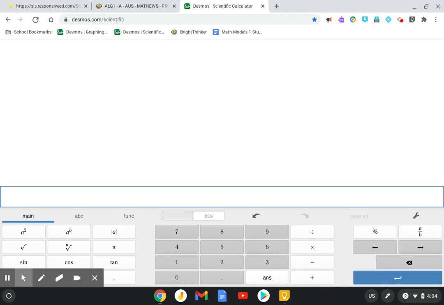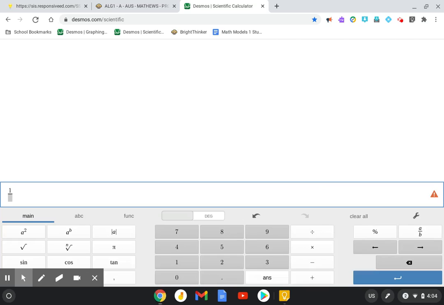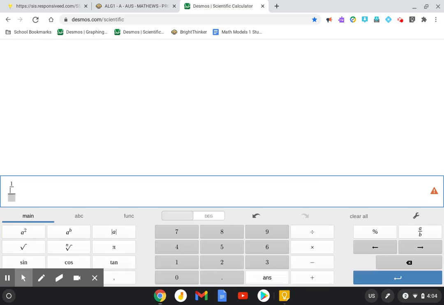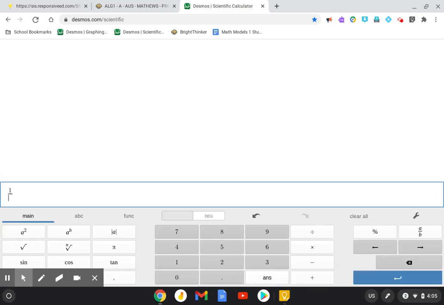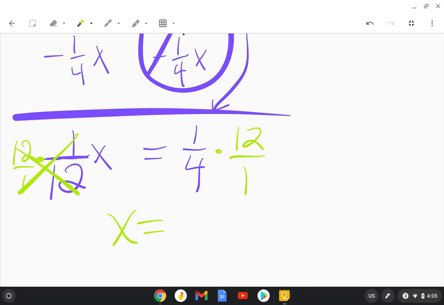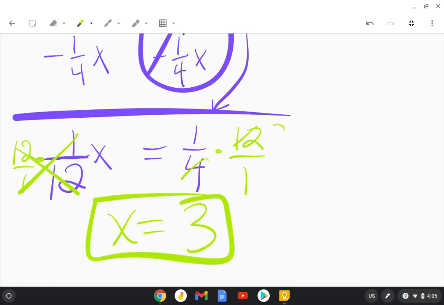You can do 1/4 times 12, and I get 3. X equals 3. And that's because this 4 and this 12 reduce to 3. So that becomes x equals 3.